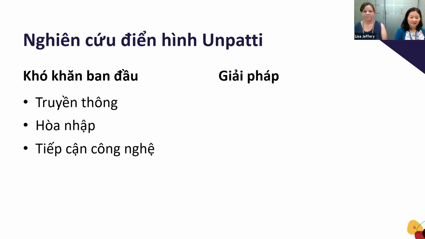So, the first challenge is communication. And the second challenge is inclusion in teaching design and strategies. The third challenge for us is accessibility to technology. We also needed to make sure our students were capable of and equipped to learn online, particularly during this extremely fast change of delivery mode because of COVID.